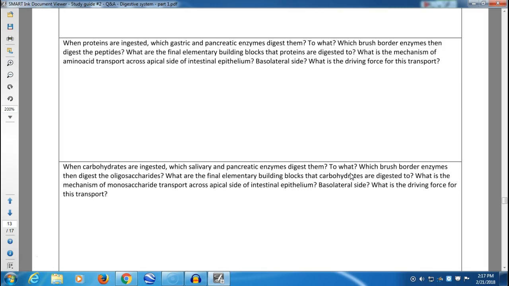Why does sodium diffuse in? Because the concentration of sodium in the epithelial cells is low. Why is it low? The sodium-potassium pump at the basal side keeps it low. Okay? Does that make sense?